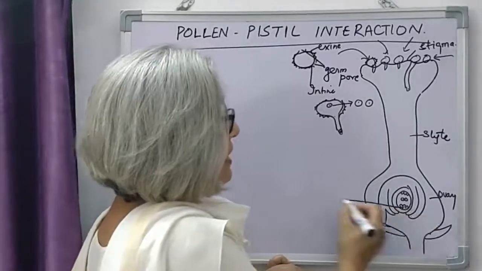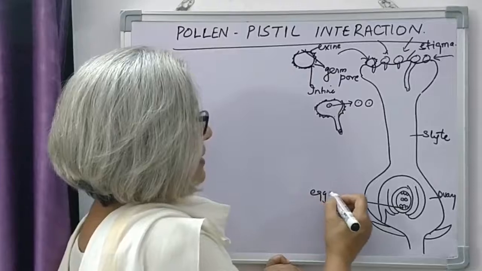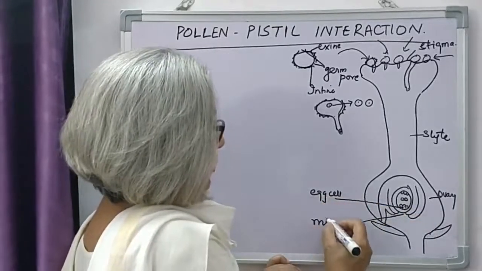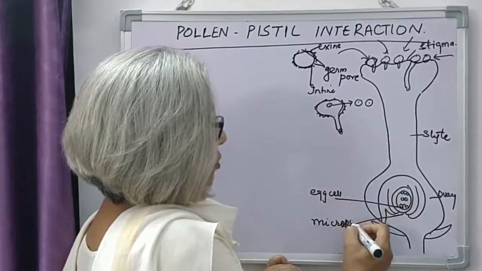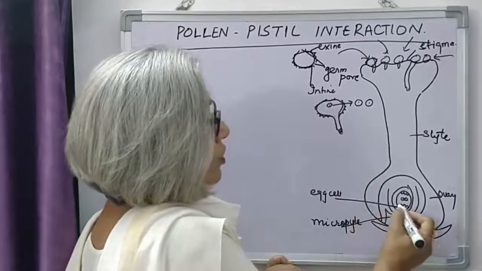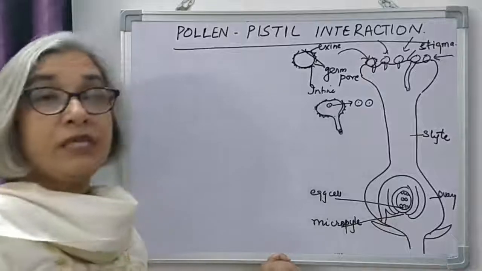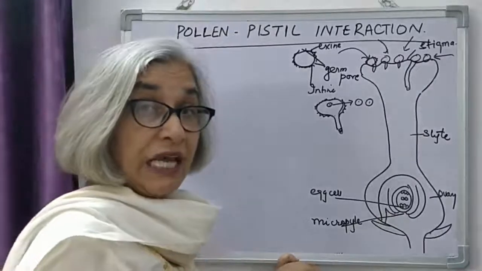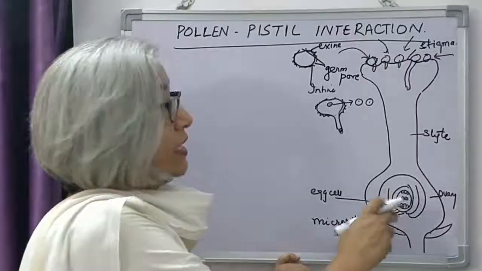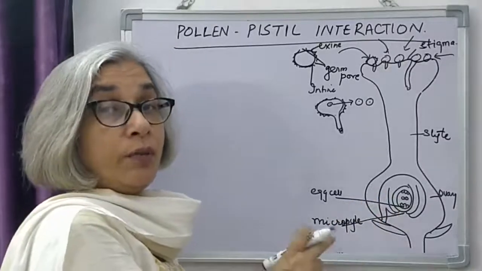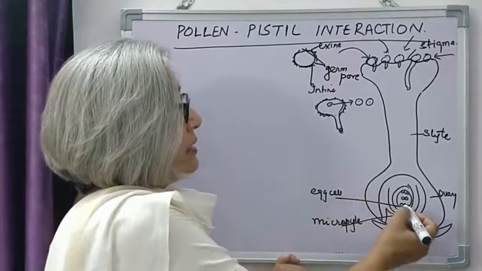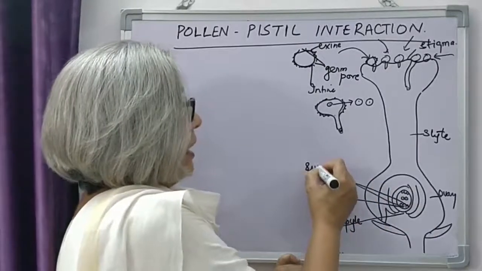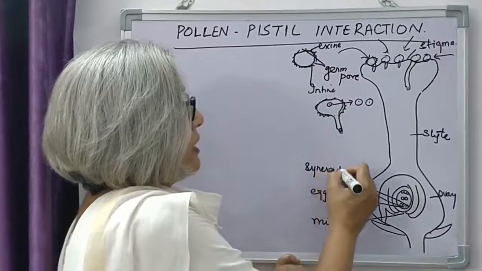So this is the egg cell. This opening of the ovule is the micropyle. The embryo sac is the 8-cell type. The 3 cells towards the micropyle: the central one is the female gamete or the egg cell, and the other two are called synergids.